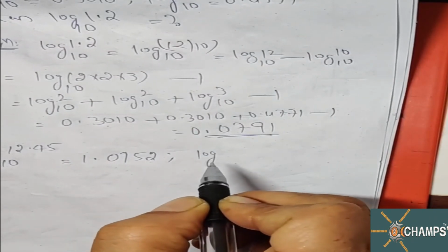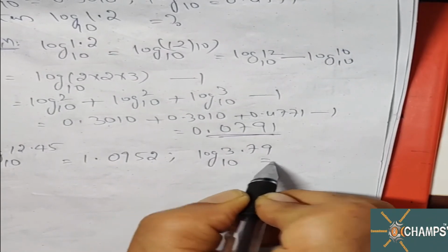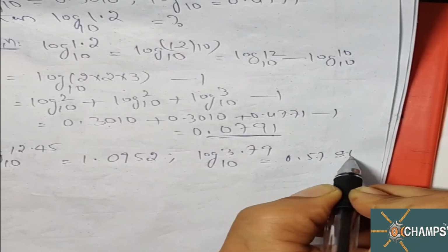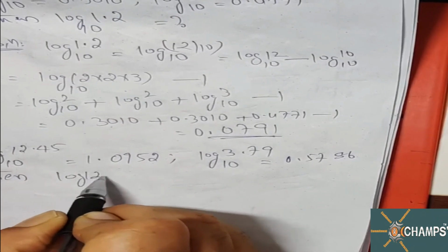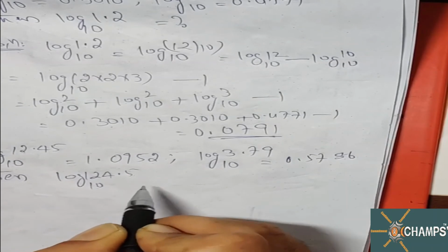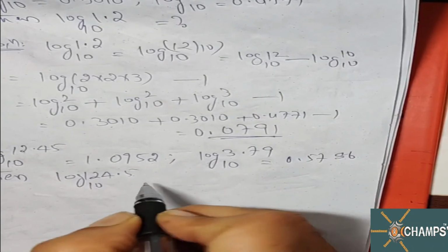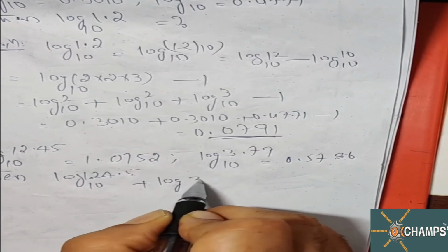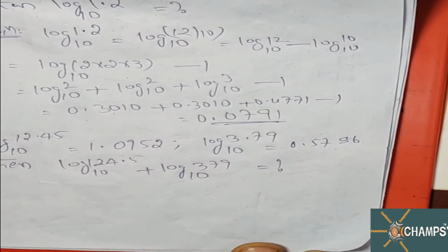Log 3.79 to the base 10 is equal to 0.5786. Then log 124.5 to the base 10 plus log 379 to the base 10 is equal to question mark. This is my problem.